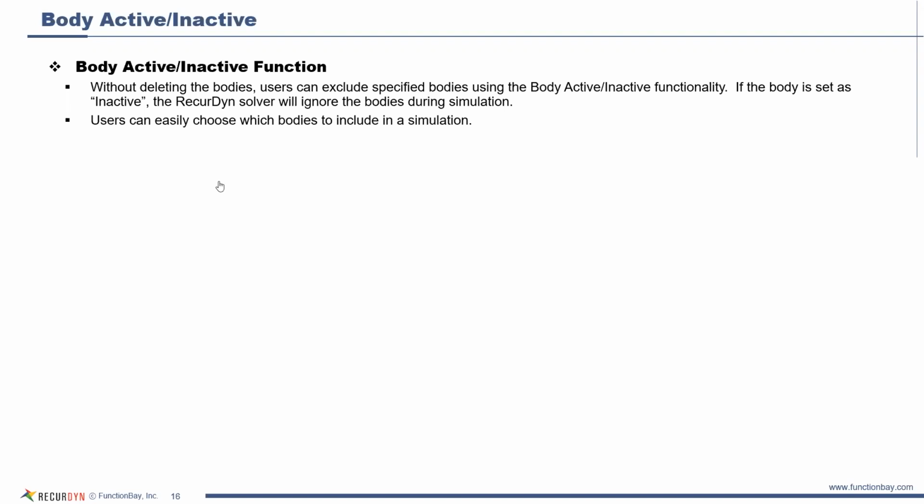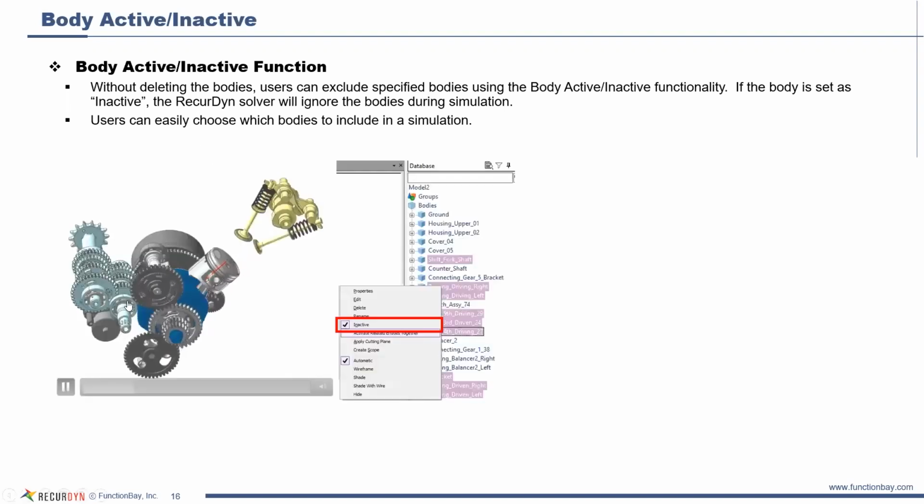So if we take a look, here's an example of a simulation where these gears and the shafts on the left side are included in the simulation, so we can see them turning as expected. The user can select different bodies from the database window. They can also select them from the modeling window as well. Once they've made the selection, you can right click and there's this inactive option.